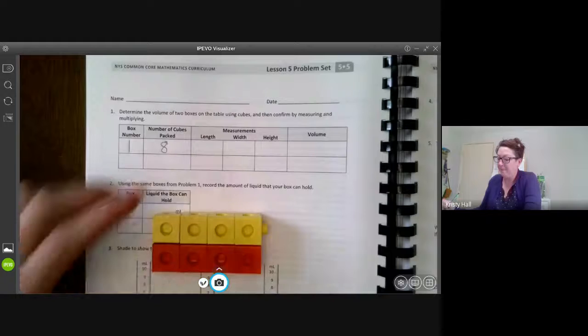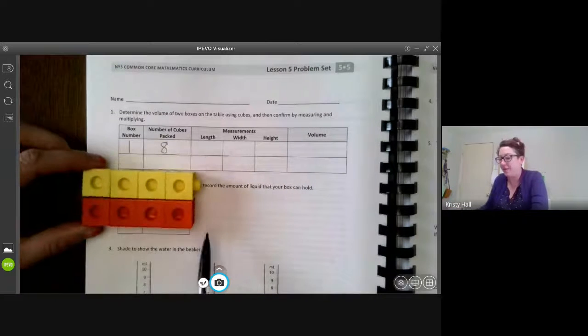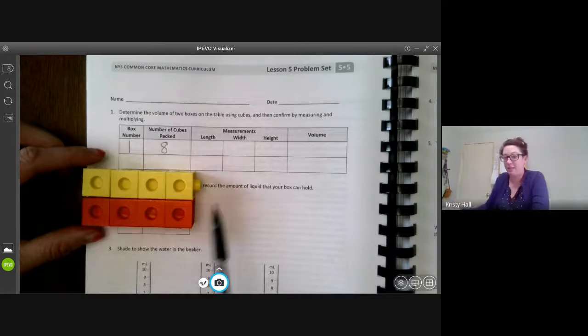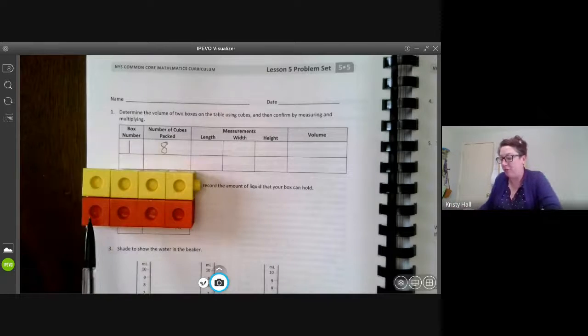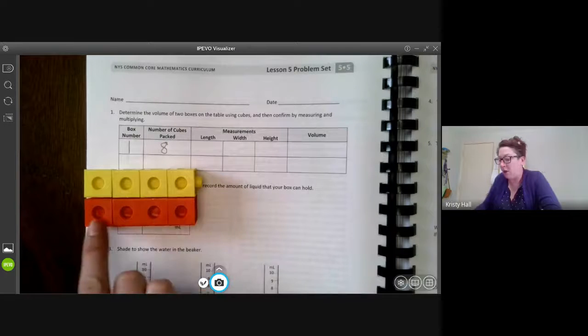Now, they want us to find the length, the width, and then the height. To count length, we're just going to count along one side. So how many blocks are there for the length? Summer, how long is this?